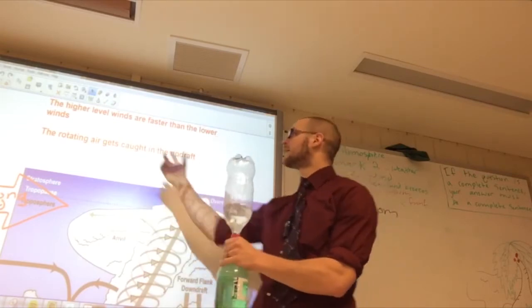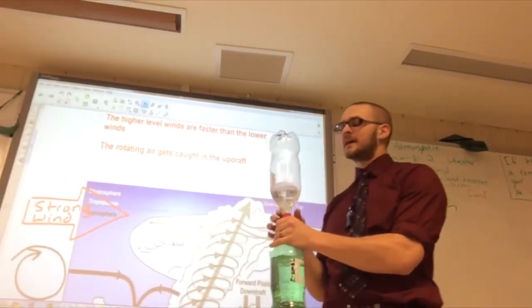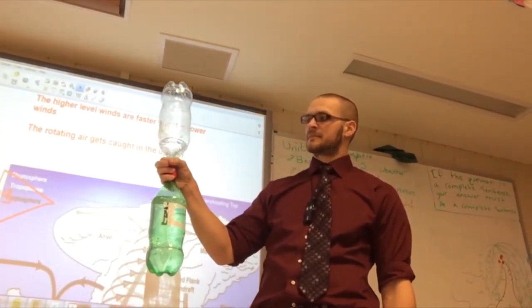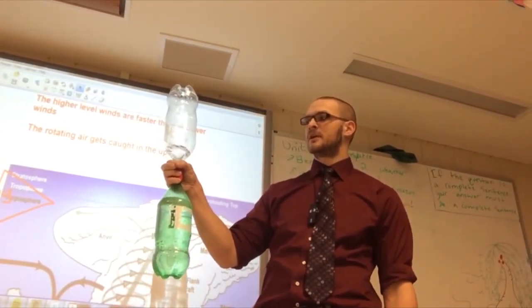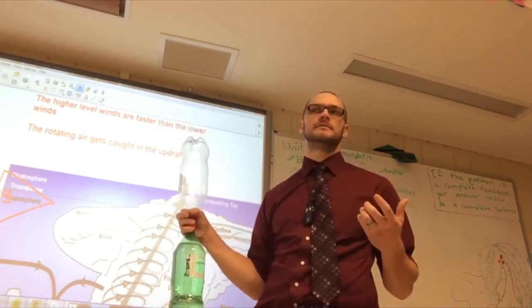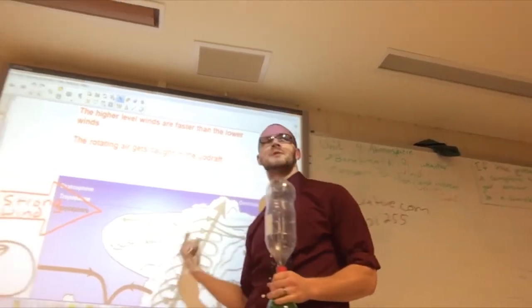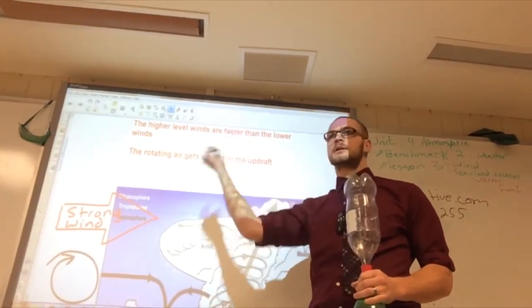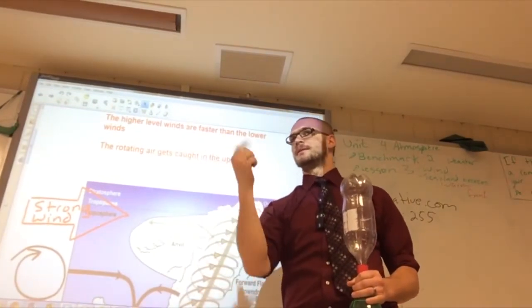So the rotating air gets caught in the updraft, and that's not just a minor detail. That rotating air is what intensifies the updraft. We don't have a tornado yet. All we have is an updraft that's swirling. Does anyone know what that's called? A cloud that's swirling? Funnel cloud, wall cloud.